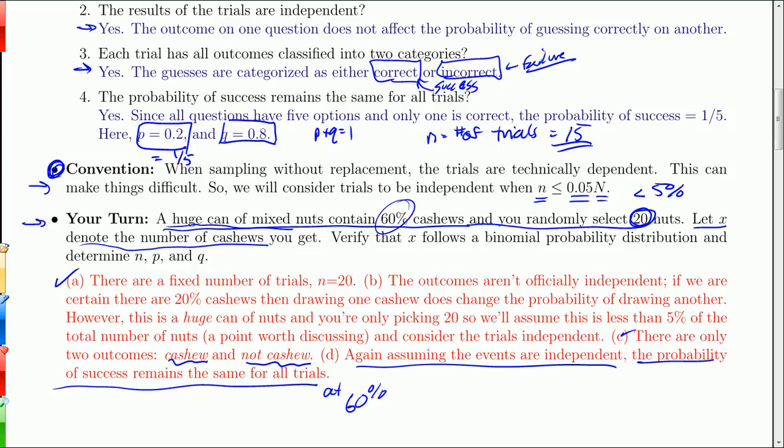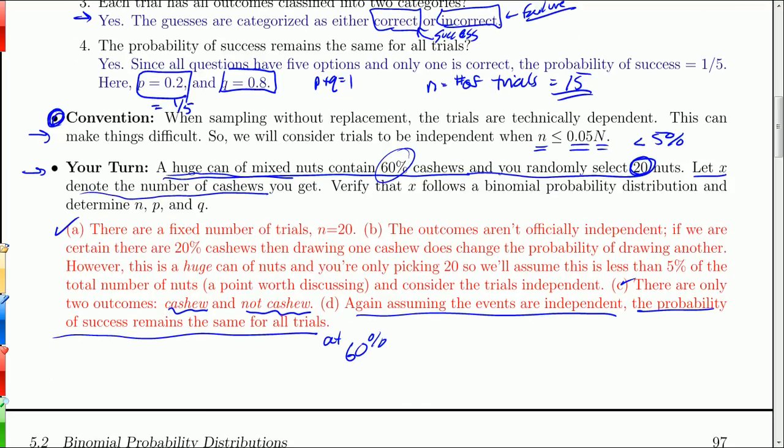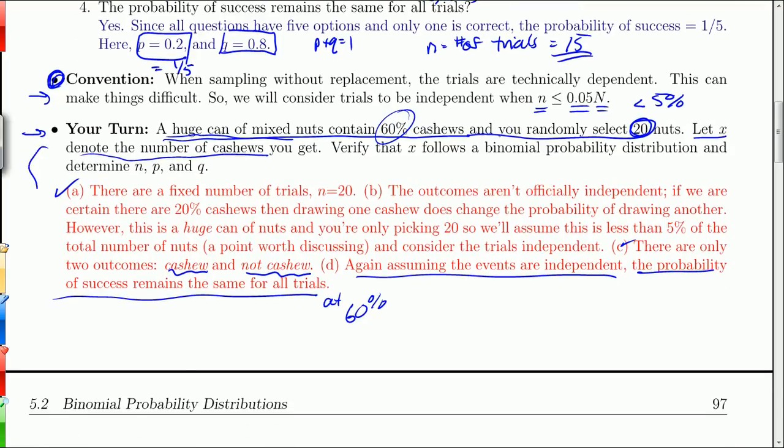Though it does change very slightly depending on what you get, the can of nuts is big enough that we're going to let that go and say not only are the trials independent, but that the probability of success remains the same for all trials. So this one you have to sort of stretch the rules a little bit using this convention.